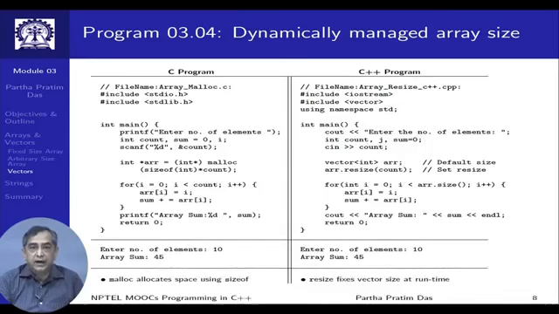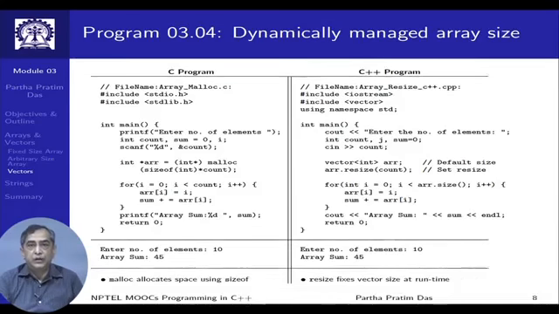We are writing arr dot resize. We call this resize a member function of the vector type. What it does is, in this resize function, if we pass a value as we are passing through the variable count, then the vector will resize to the count number of elements.